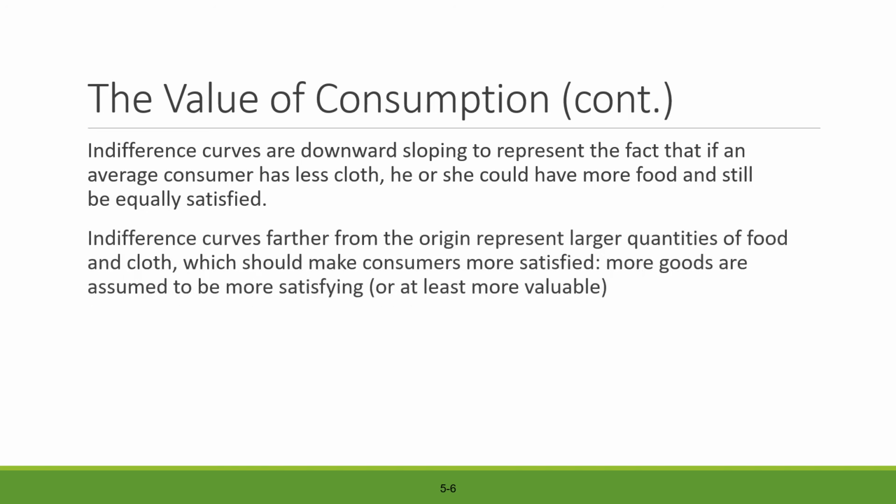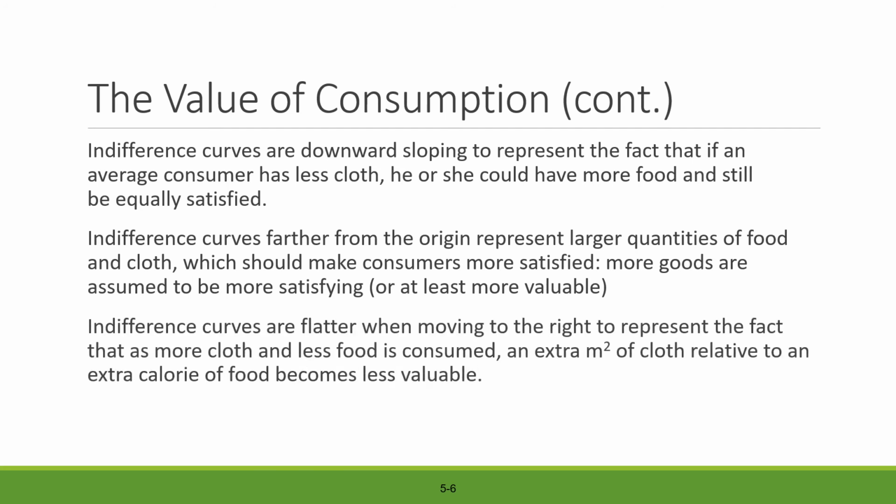Secondly, the indifference curves farther from the origin represent larger quantities of food and clothes, which should make consumers more satisfied, and more goods are assumed to be more satisfying, or at least more valuable. Then the indifference curves are flatter when moving to the right to represent the fact that as more cloth and less food is consumed, an extra meter square of cloth relative to an extra calorie of food becomes less valuable.